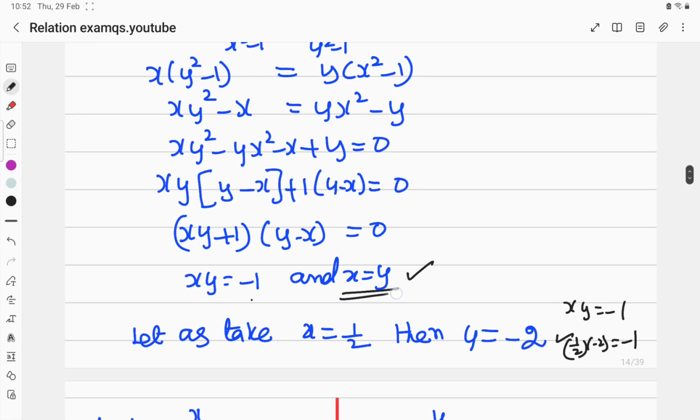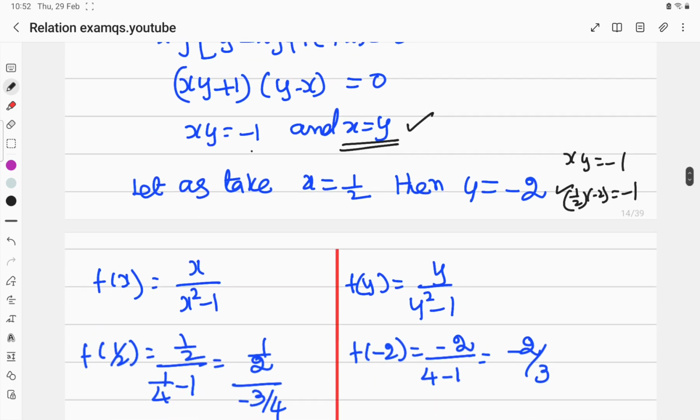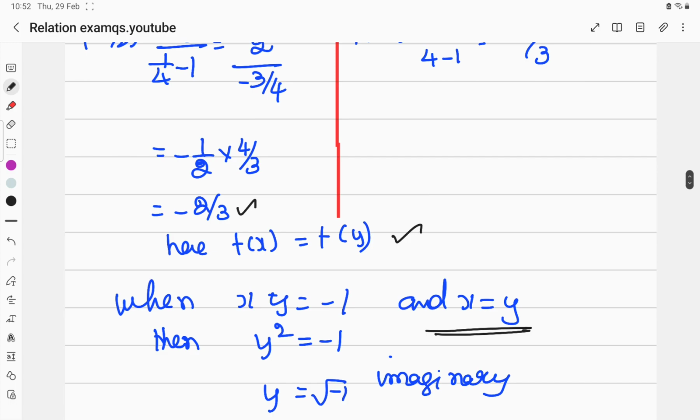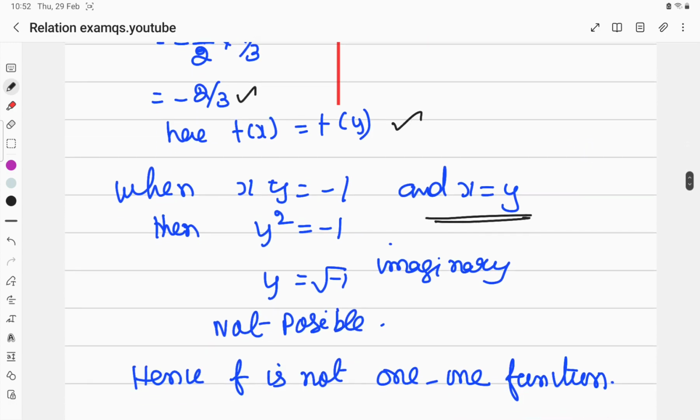Here x = y. Then put x = y here, we get y² = -1, so y is the root of -1, which is not possible for real numbers, only imaginary. Hence, x = y gives no real solution.